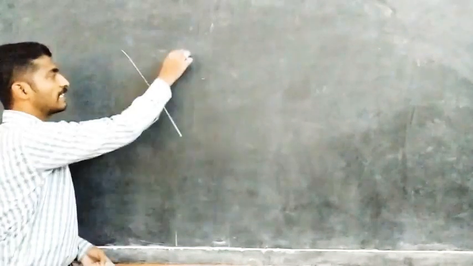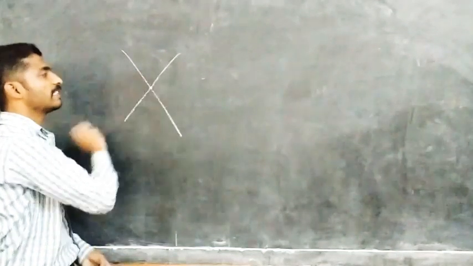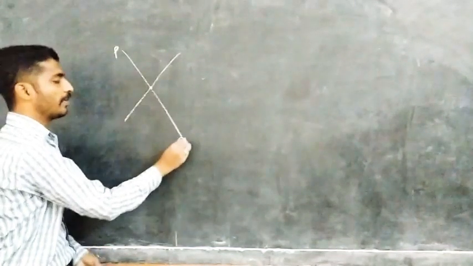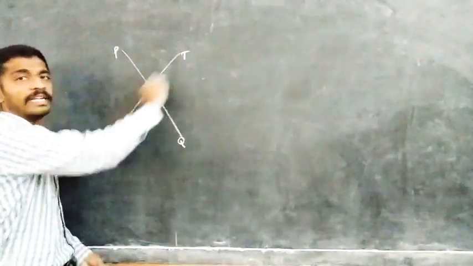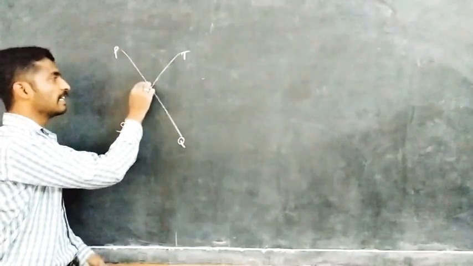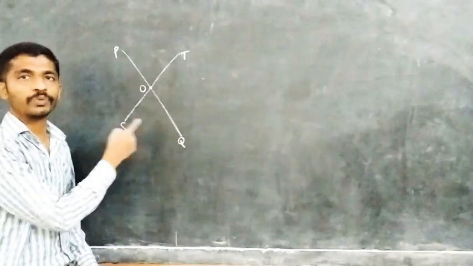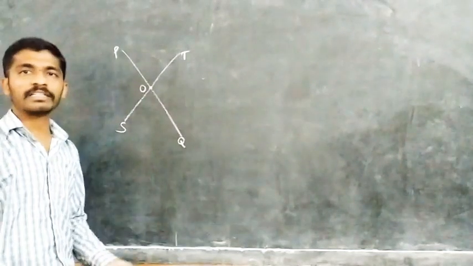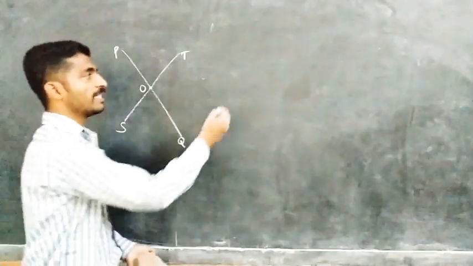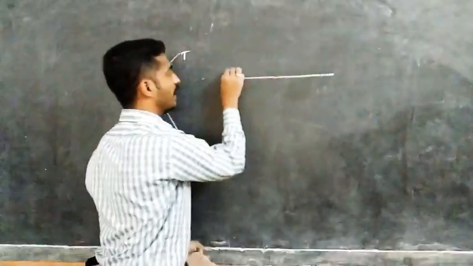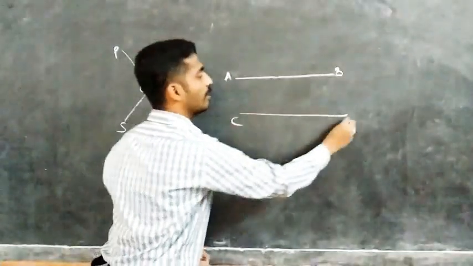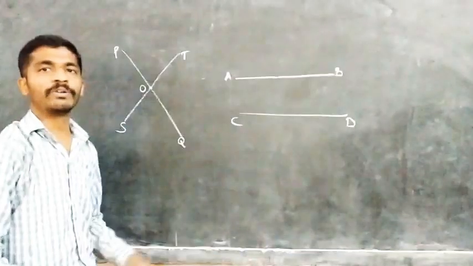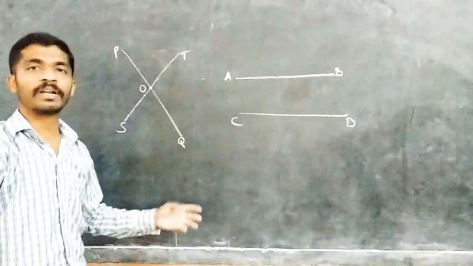Concept about intersecting lines. If two lines intersect at a single point, let's take PQ and ST. So PQ and ST are intersecting at O. These two are intersecting lines. And the next concept is parallel lines. If I take AB and CD as parallel, when can we say AB and CD are parallel?